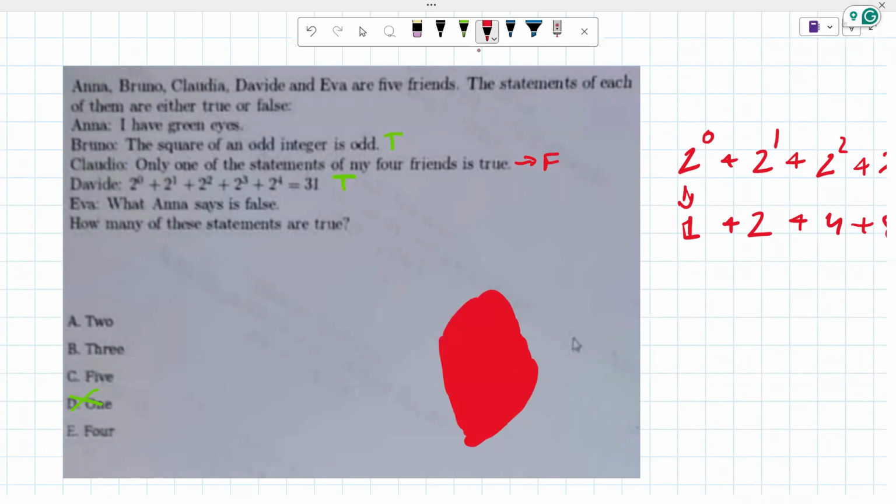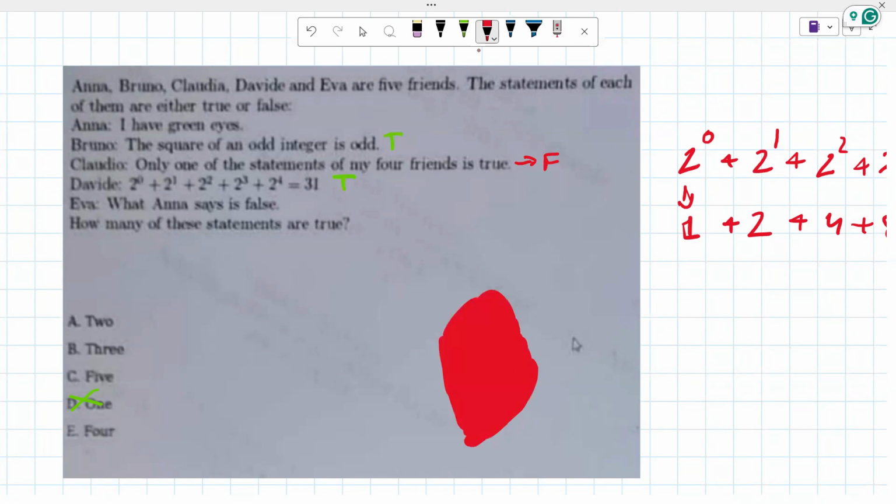In this case, we cannot tell for sure which one of them is telling the truth and which one is lying. Anna says, "I have green eyes." And Eva says, what Anna says is false.